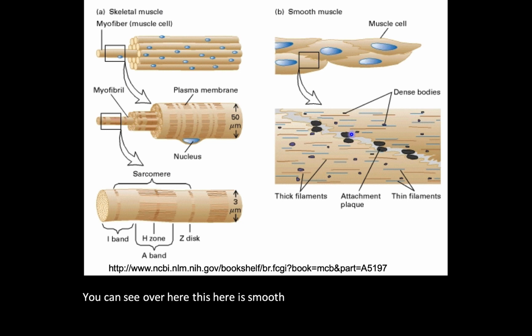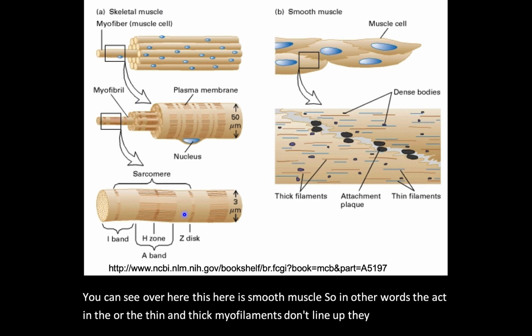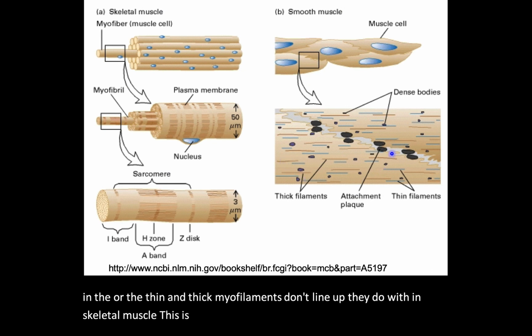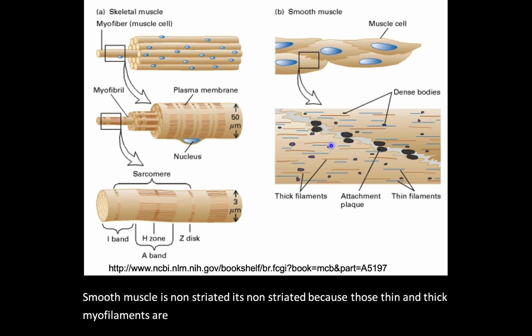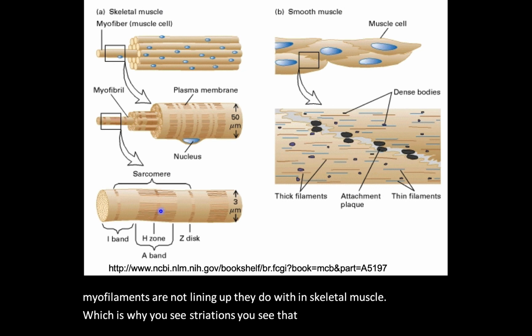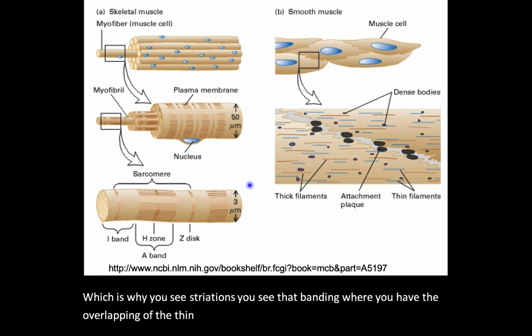So in other words, the actin and the thin and thick myofilaments don't line up like they do within skeletal muscle. This is why smooth muscle is non-striated. It's non-striated because those thin and thick myofilaments are not lining up like they do within skeletal muscle, which is why you see striations. You see that banding where you have the overlapping of the thin and the thick myofilaments.